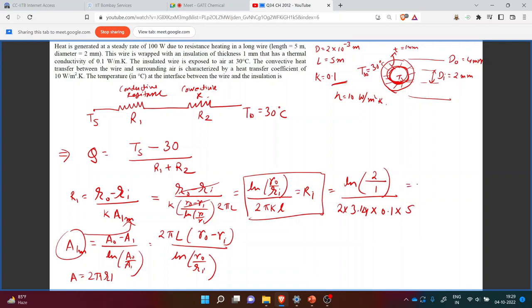So you can solve this, and you will get the value of 0.2207. It is R1, the conductive resistance is 0.2207.